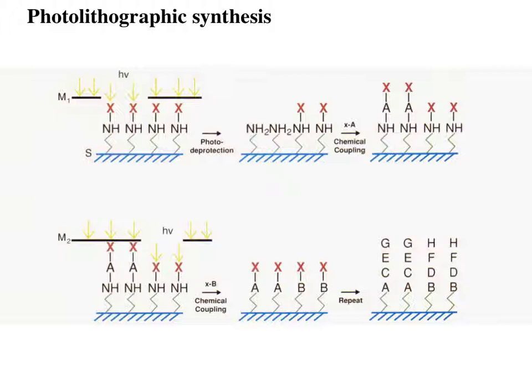So you do photo deprotection, then you add a reagent that can chemically couple, and only the sites that have been deprotected can be chemically coupled. You can then use another mask to deprotect the other site, chemically couple again, so that at a different region you have a different chemically coupled amino acid, and you can repeat so that you have libraries that at different positions have different sequences.